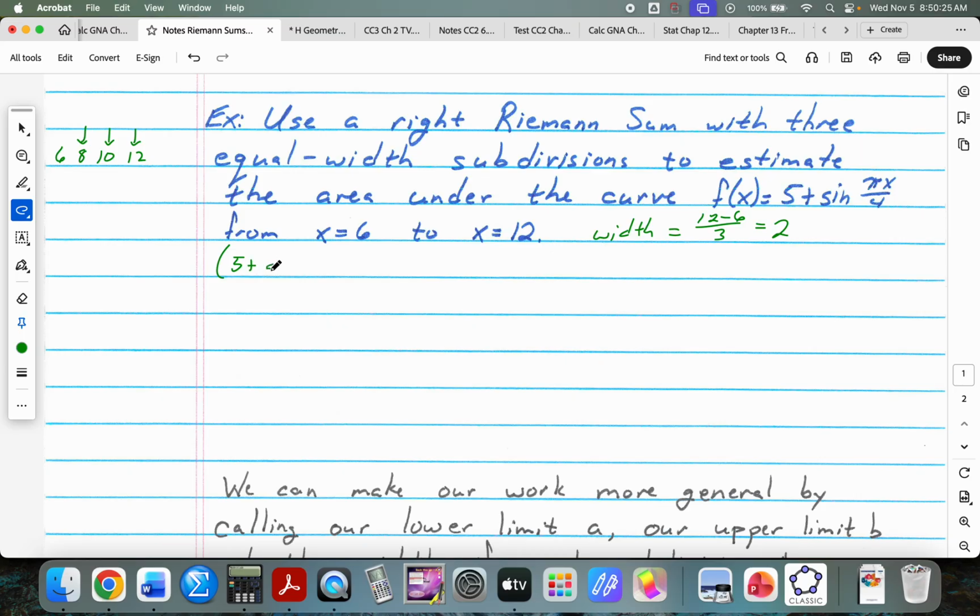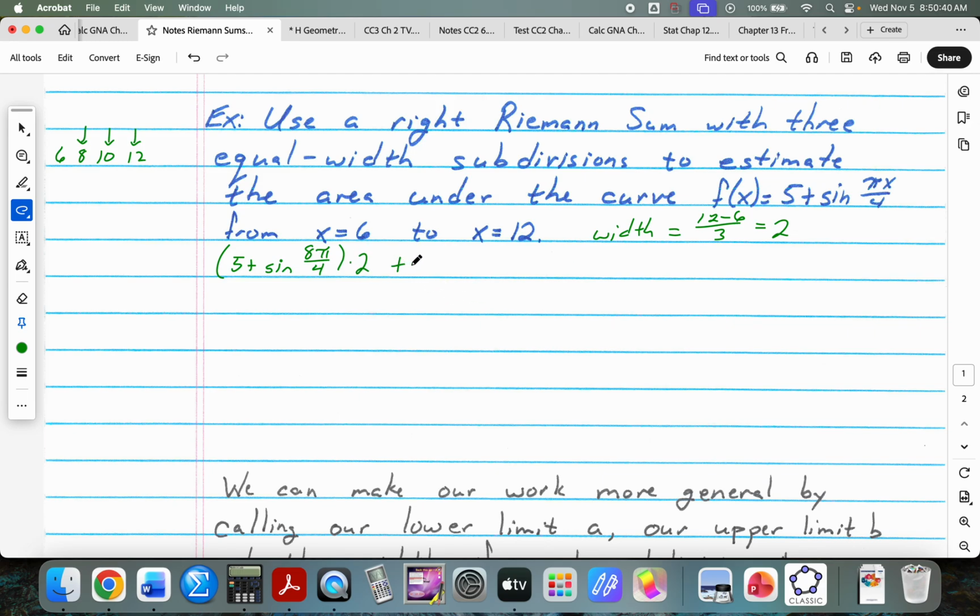So that's going to be equal to 5 plus sine of 8 pi over 4 times 2 for the first rectangle.